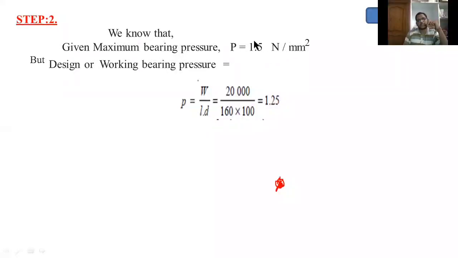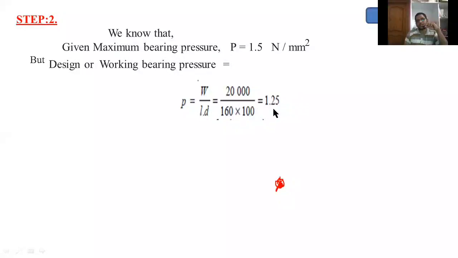This value is maximum. By substituting the length of a bearing and diameter of a shaft, you will get another bearing pressure, that is bearing pressure P equal to load by L into D, where W equal to 20,000 newtons. By substituting these values, bearing pressure P equal to 1.25.